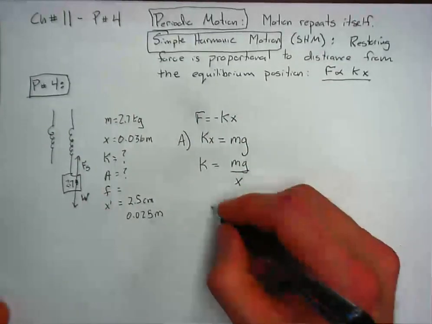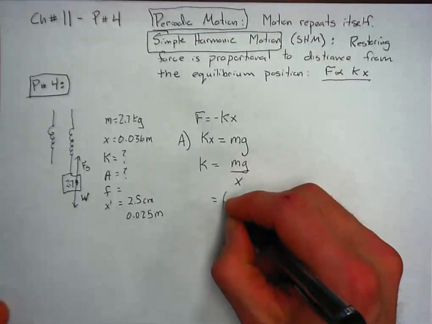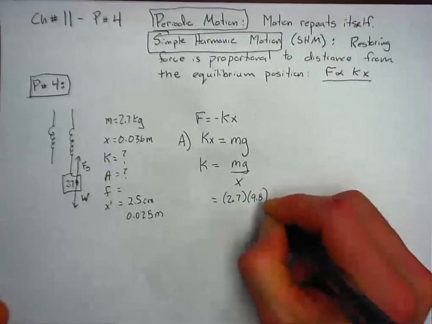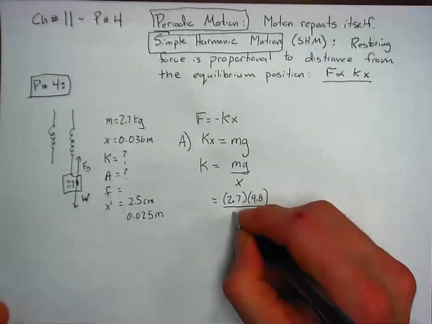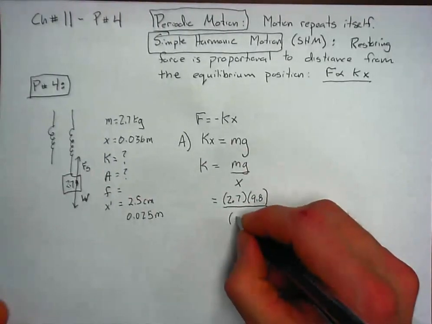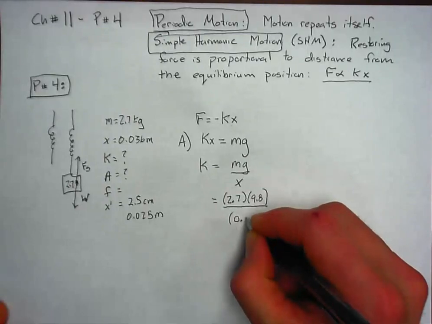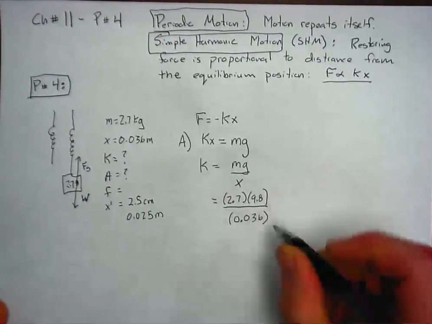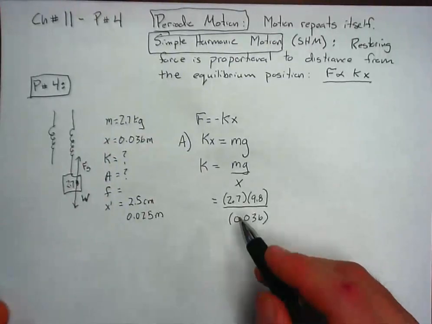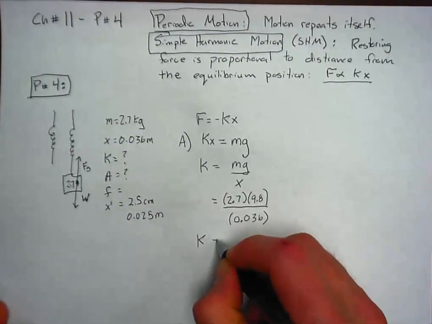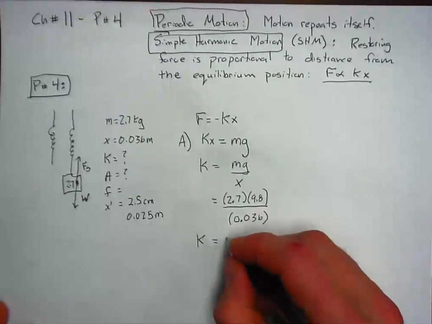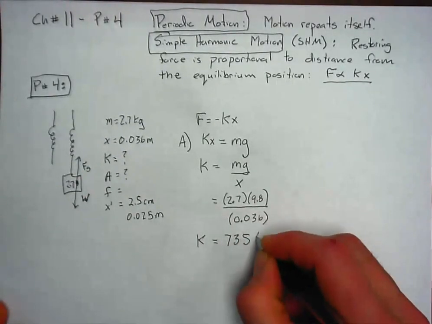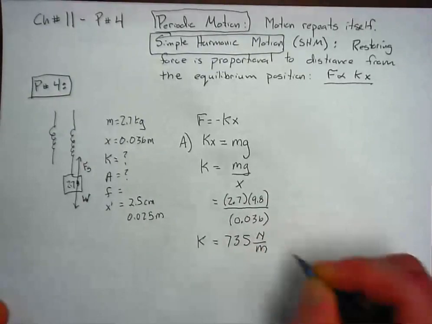So plugging in our numbers here, we would do 2.7 times 9.8 divided by x, the distance stretched, which would be 0.036. Notice we have all kilograms, meters, and meters per second squared here. And if we punch that into a calculator, we get about 735 newtons per meter would be our spring constant there, right?